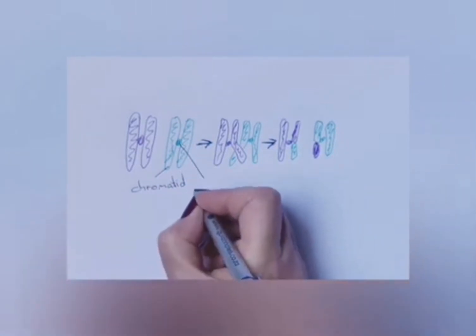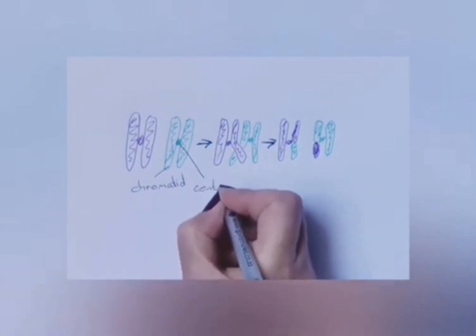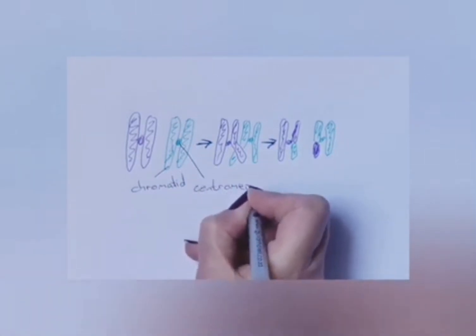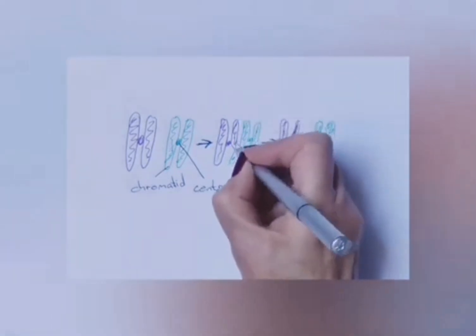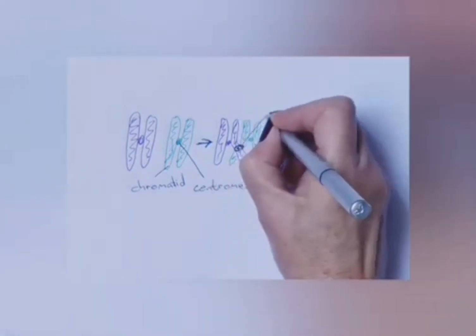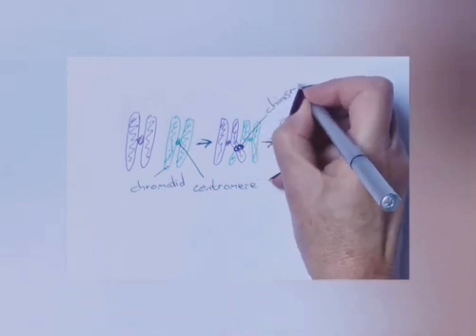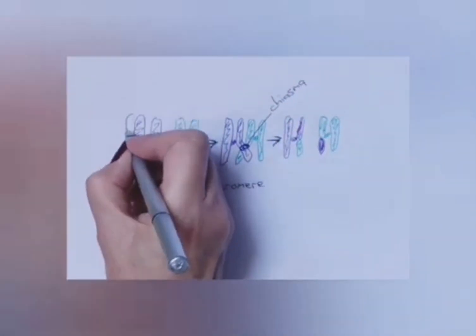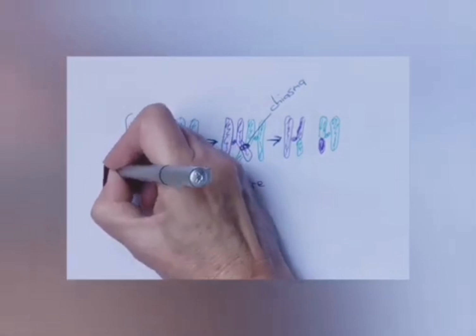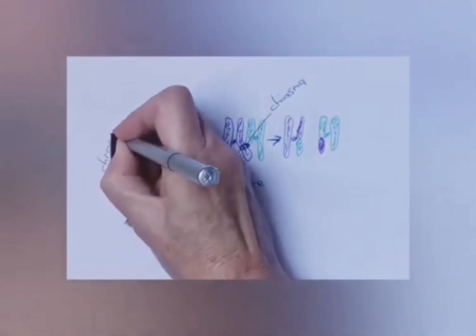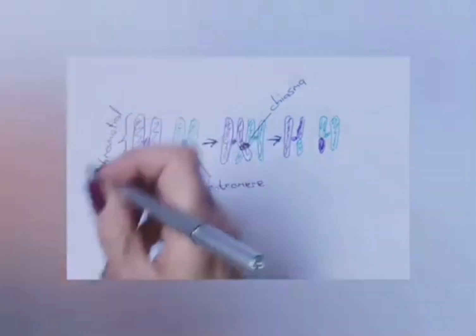The part in the middle that joins the 2 chromatids together is called a centromere. The point where the 2 legs cross over between the 2 homologue chromosomes is called a chiasma. And then don't forget, the whole 2 chromatids and a centromere together is called a chromosome. So a question like this could be 4 or 5 marks.